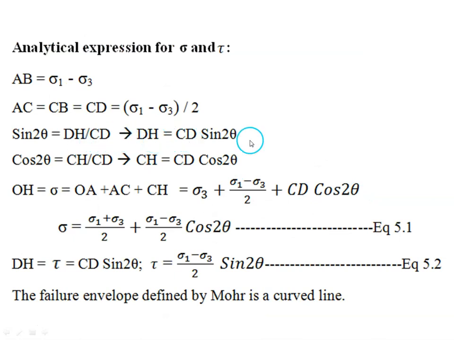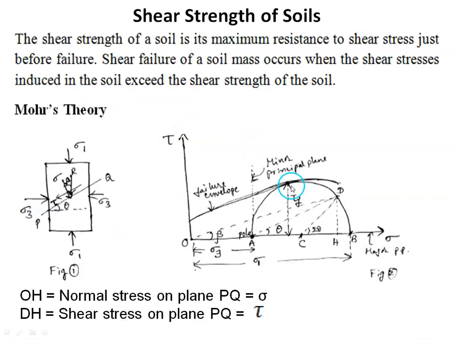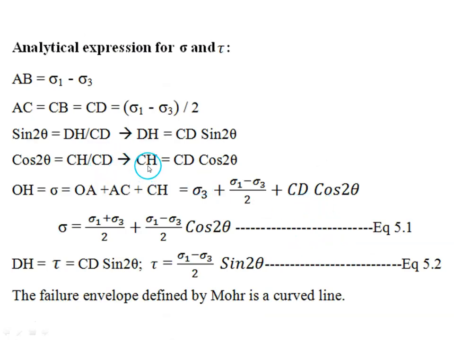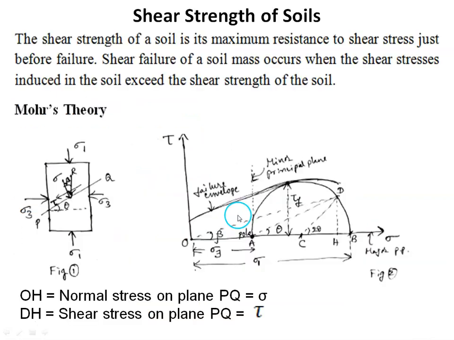Similarly, cos 2 theta equal to CH by CD. So that we can write CH equal to CD cos 2 theta. Now what is OH? From O to H is nothing but the normal stress. So what is this normal stress? OA plus AC plus CH.